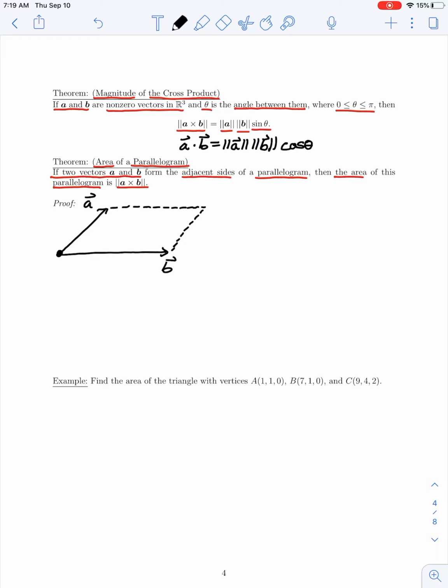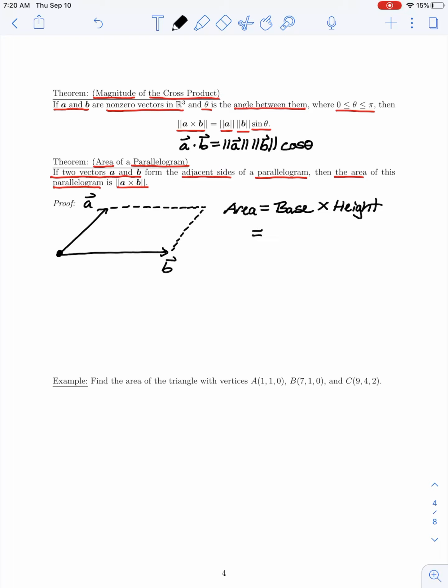And if we're interested in the area of this, well, let's think about how we could find it. In general, the area of a parallelogram is given as the product of its base times its height.